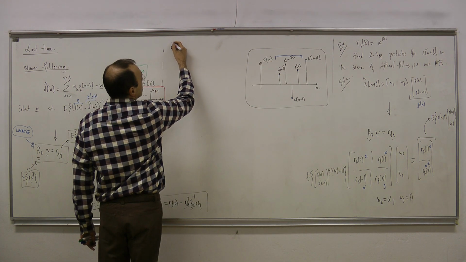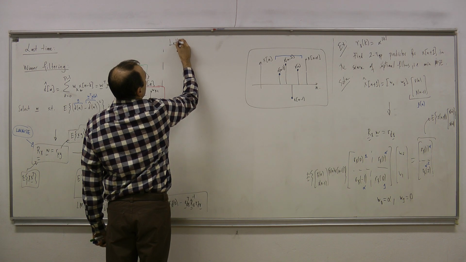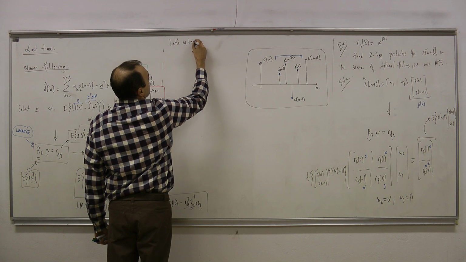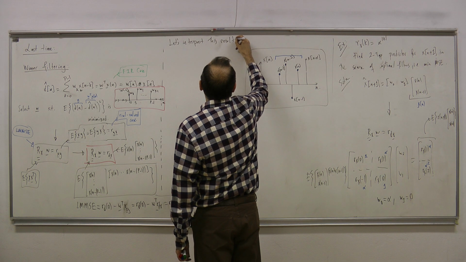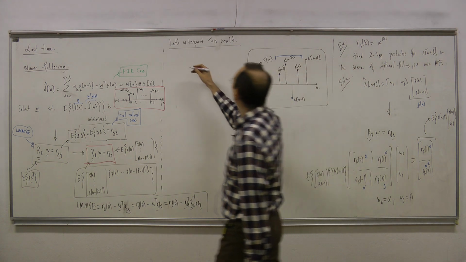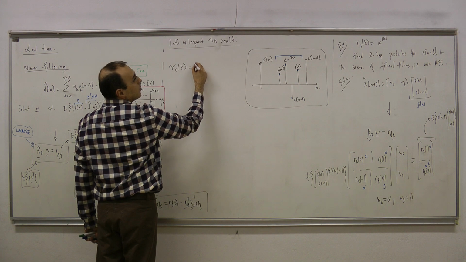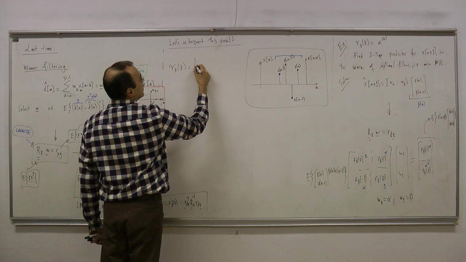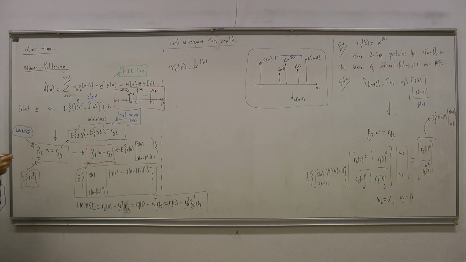So let's interpret this result. Okay? So let's see, what kind of process is this? If Rx of k is alpha to the power absolute k, so what kind of process is this?